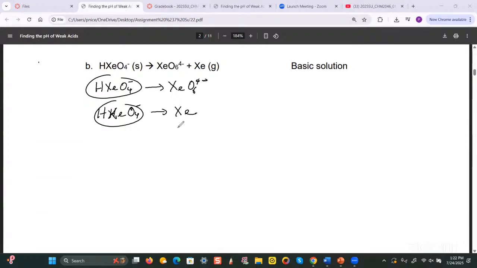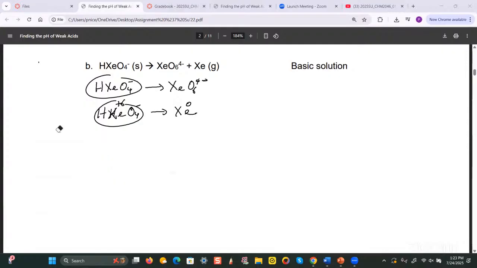Because if you calculate the oxidation number of xenon here, +1 plus X minus 8 equals -1. So that's X minus 7 equals -1, so X would be equal to +7 minus 1, which is +6. So this will be +6, and this will be 0. So that's reduction. If you do a similar calculation, you'll see that the first one is oxidation.